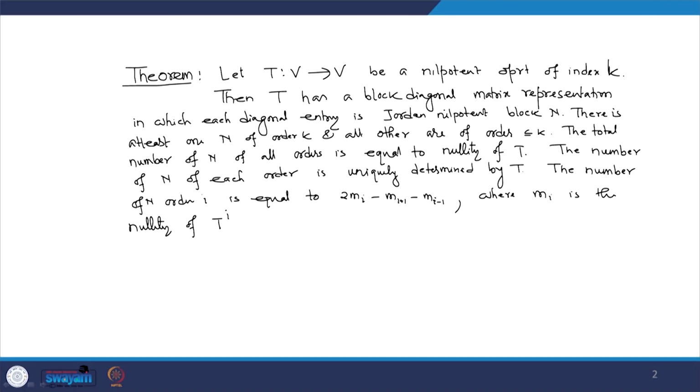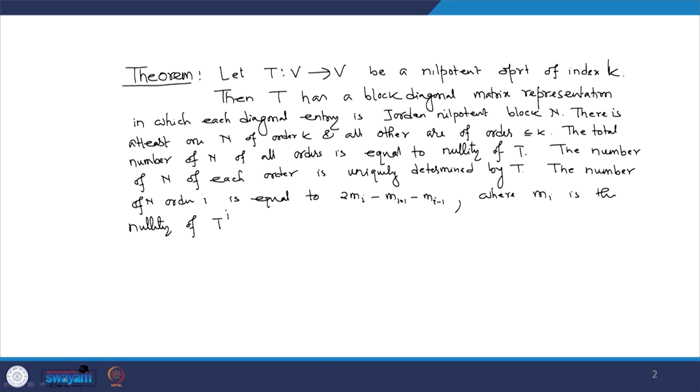If you consider T to be a linear operator on a finite dimensional vector space V of index k, then T has a block diagonal matrix representation in which each diagonal entry is a Jordan nilpotent block, denoted by say capital N. We already defined what a Jordan nilpotent block is, some sort of shifting operator.